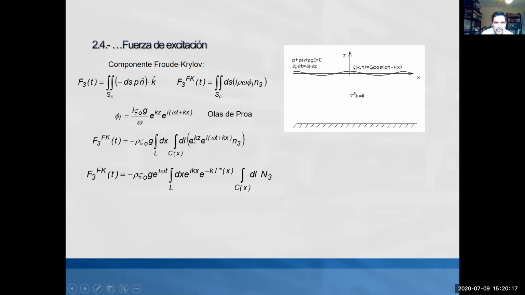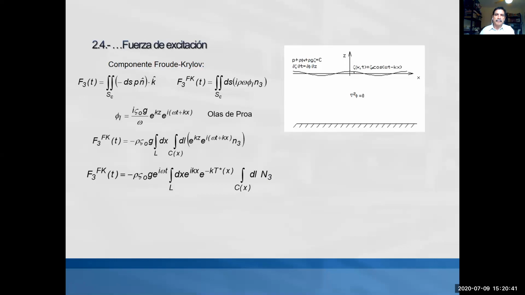And since it is constant for the whole section, we can take that out of this part of the integration. So we take that out, and this is all what we are left, okay? And now we go from the little n to large N, meaning that we're going to calculate this as if this were a 2D problem, okay?